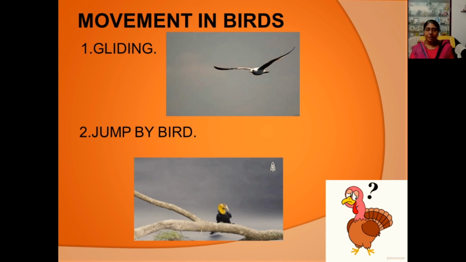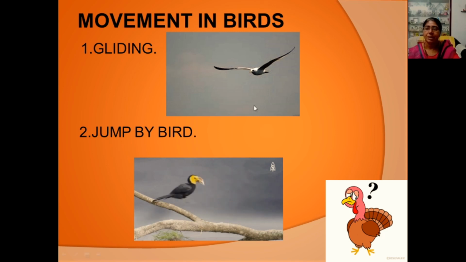Have you ever wondered how birds fly? Birds fly with the help of their wings. There are two types of movements you can see in birds. First one is gliding. If the bird is gliding, it will have its wings in an extended position just like an aeroplane.